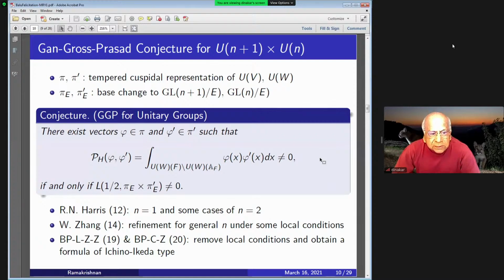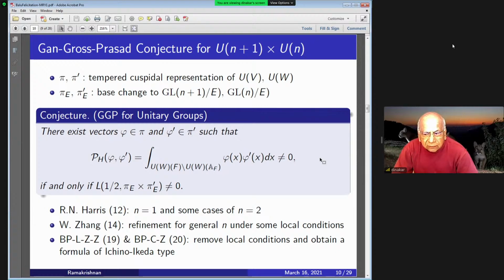Okay, so the GGP conjecture says that if you take this period that we defined just now, the Bessel period, then this Bessel period is non-zero if and only if L(1/2, pi_E cross pi_E prime) is non-zero. In fact, this is what we're going to mean by L(1/2, pi cross pi prime), as I said before. So the L-value being non-zero is equivalent to this period being non-zero.